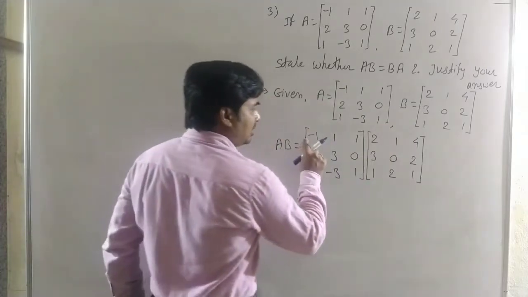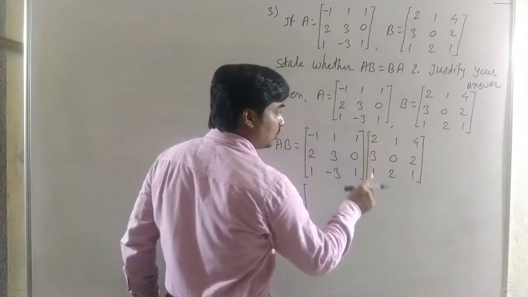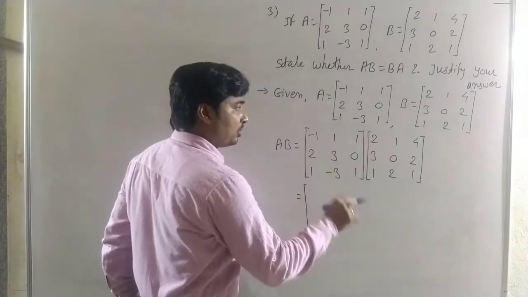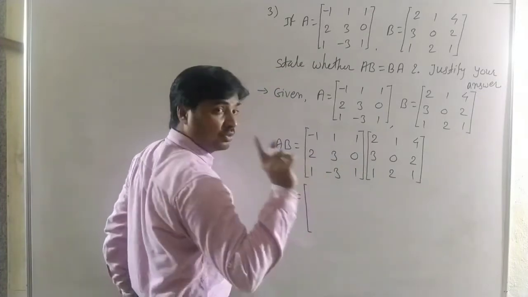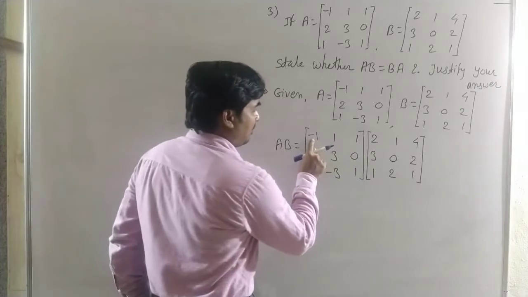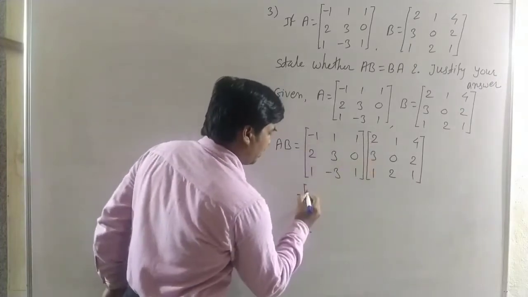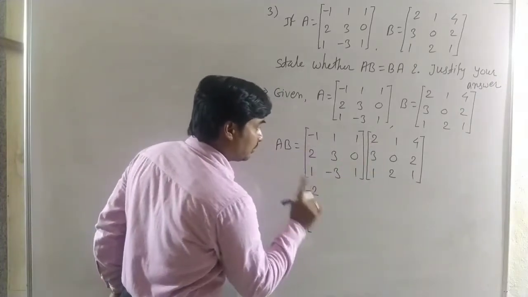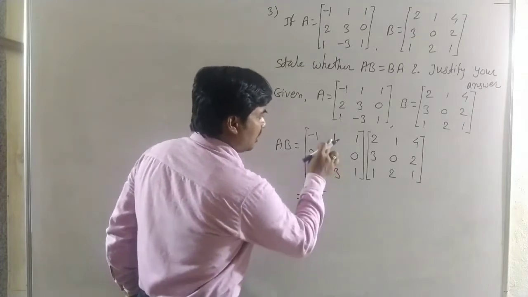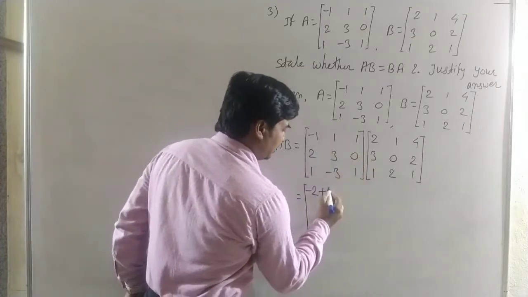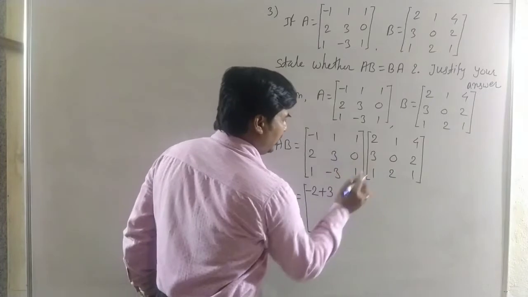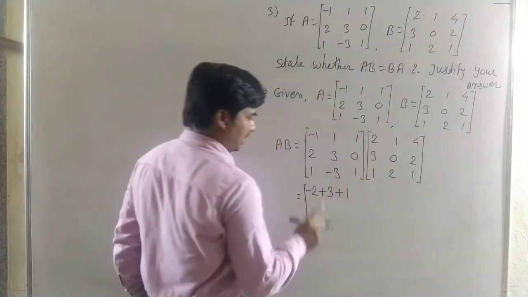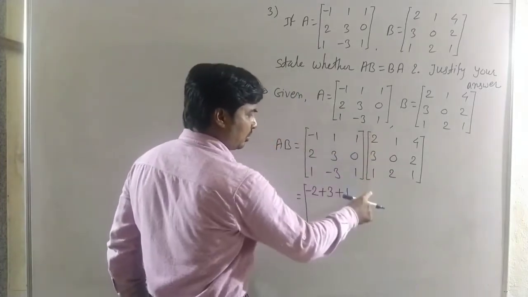Now here it is the first row and the first column. We write the products of the corresponding elements. See carefully, minus 1 into 2 is minus 2, plus 1 into 3 is 3, plus 1 into 1 is 1. That is the first row, first column element.